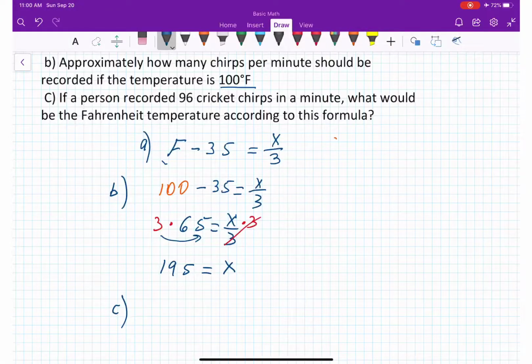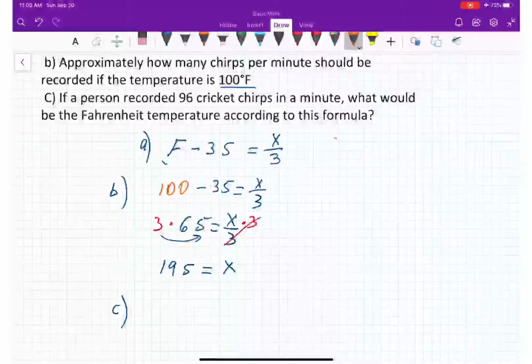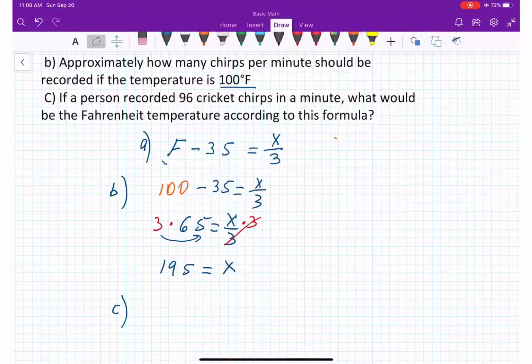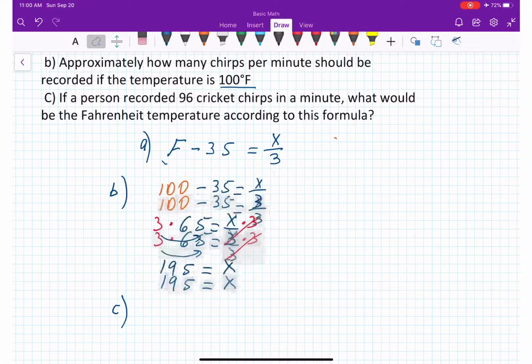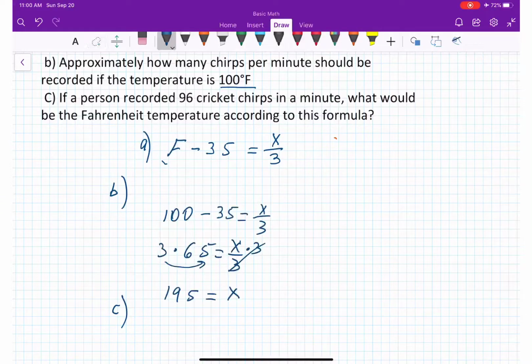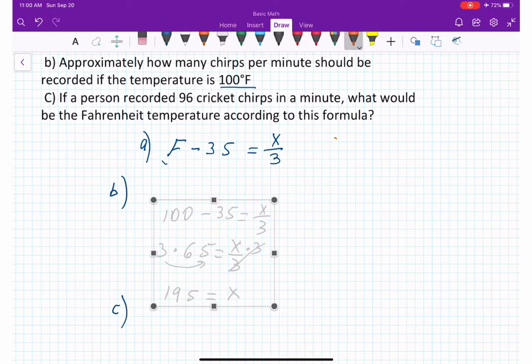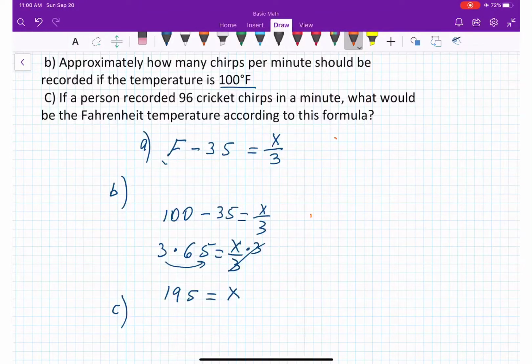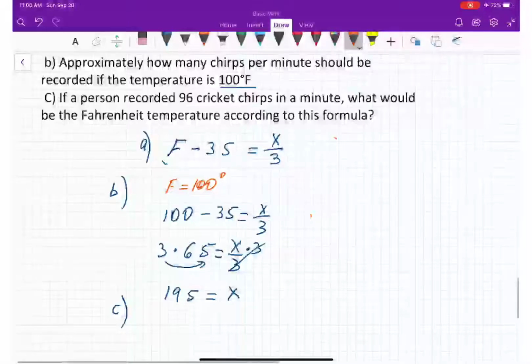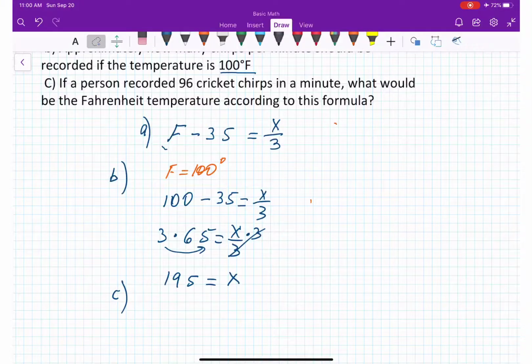So x is equal 96 now. Okay, so here we had Fahrenheit. We had Fahrenheit equal 100 degrees. So we plug this Fahrenheit here.